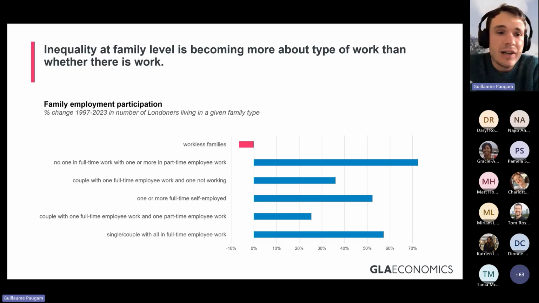And at the top, you see a strong rise in households where the only source of labor income is part-time employee work. And I think that is really crucial to understand why the poverty risks associated with part-time employment have risen. It's because in the 70s and 80s, part-time employment typically, first of all, was rarer. And when it existed, it tended to typically be a complement.